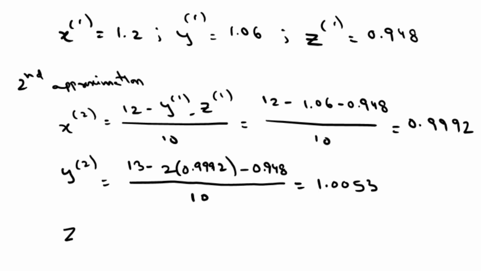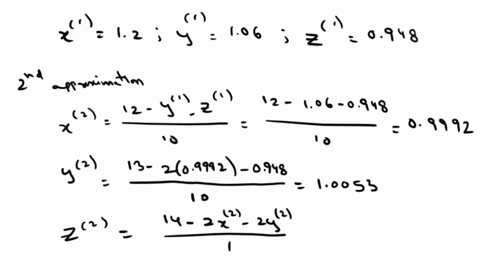Now z of the second iteration is equal to 14 minus 2 x of the second iteration minus 2 y of the second iteration, divided by 10.